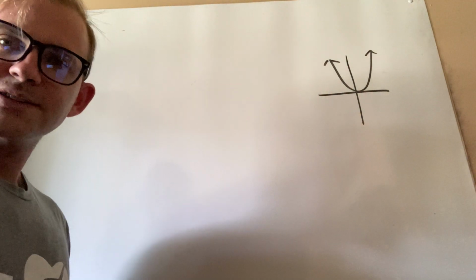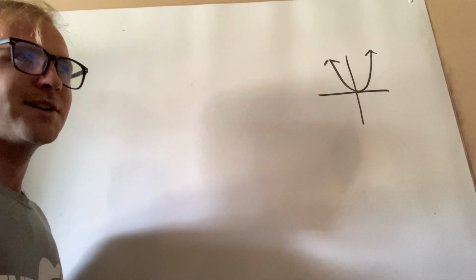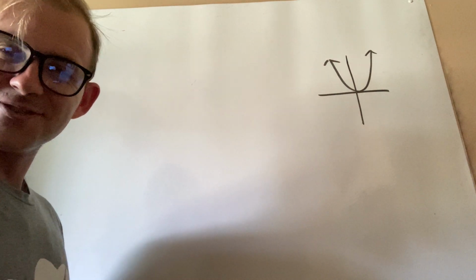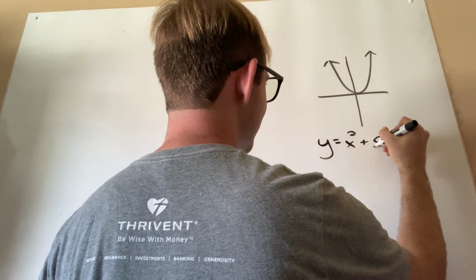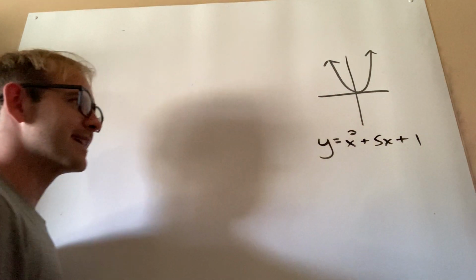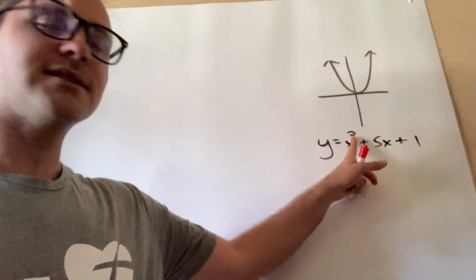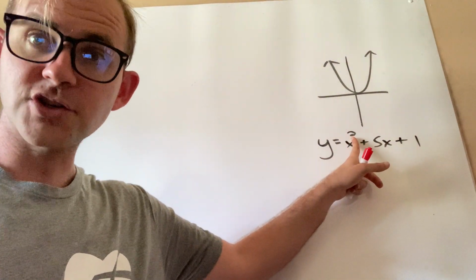Now, the way to recognize a quadratic equation is pretty simple. The highest exponent is going to be 2. So if I had something, just making it off the top of my head, like y equals x squared plus 5x plus 1, we know that's a quadratic equation because the highest power is 2.